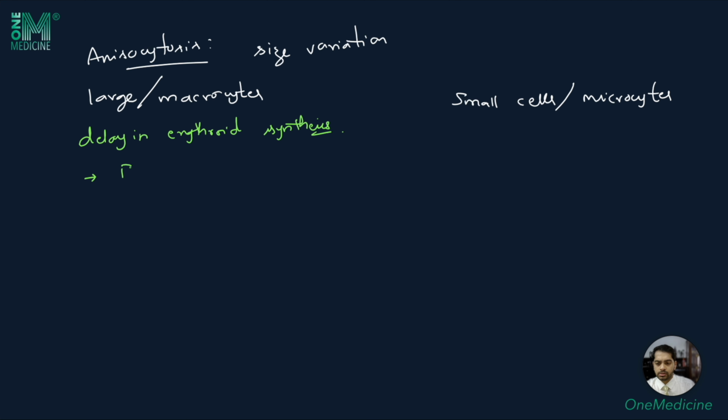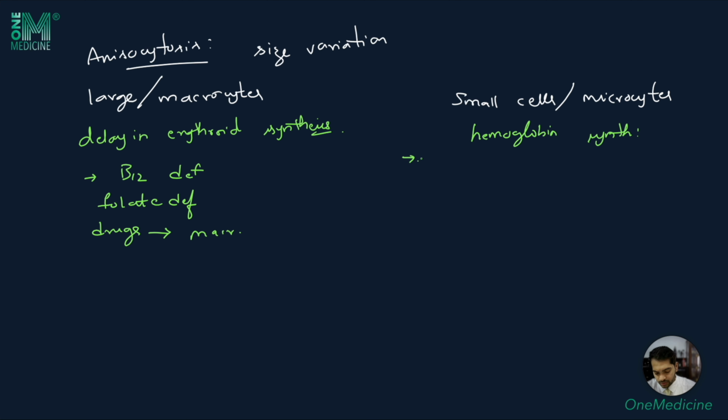Some of the examples include B12 deficiency, folate deficiency, and there are certain drugs which cause macrocytic picture. Small cells indicate defect in hemoglobin synthesis, and some of the examples of this include iron deficiency, abnormal hemoglobin genes.